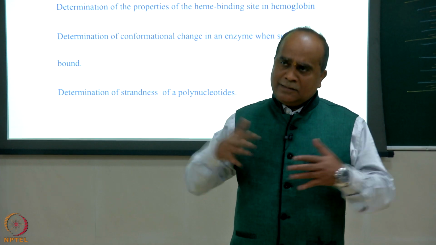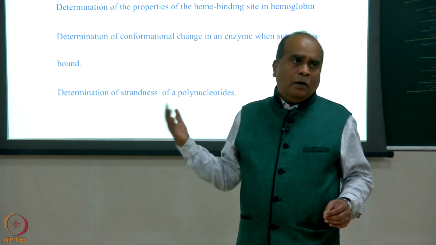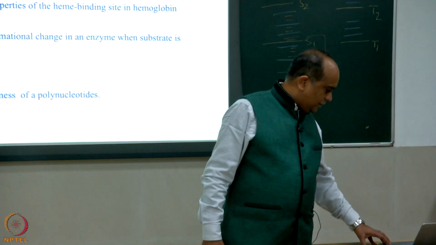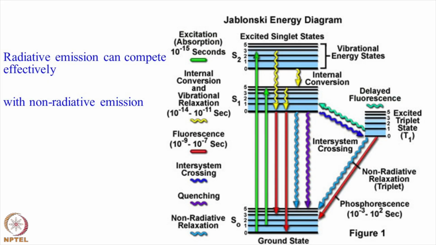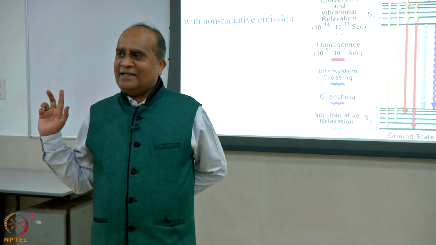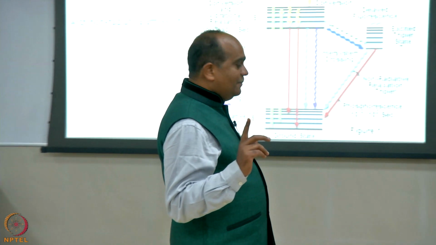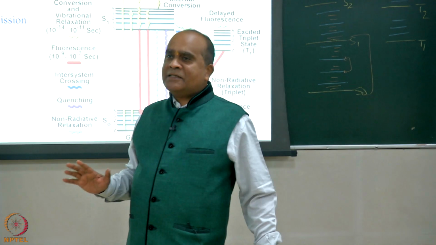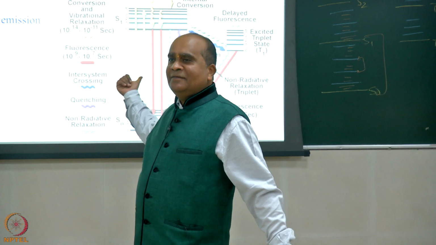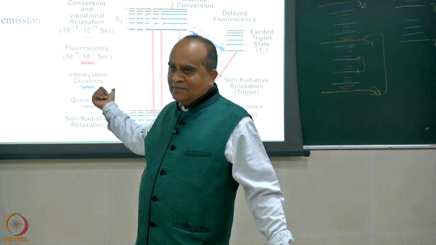What is interesting is the motion that happens in a protein or any biomolecule. Again and again I will remind you of this Jablonski diagram, because lots of concepts emerge from here. Intrinsic or extrinsic, the common theme is the Jablonski diagram, right.